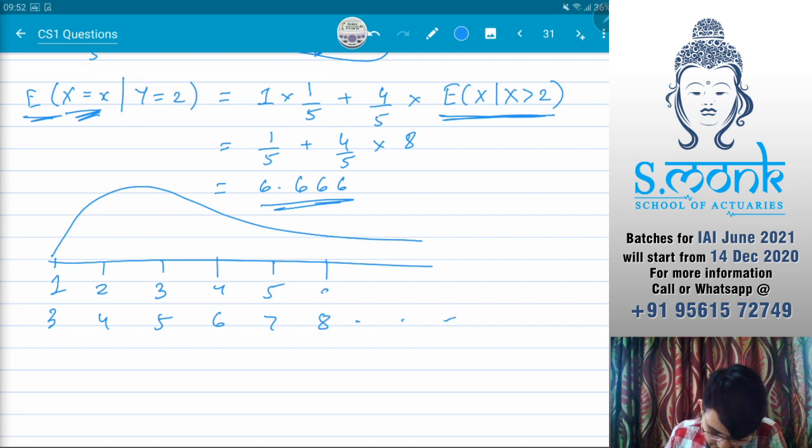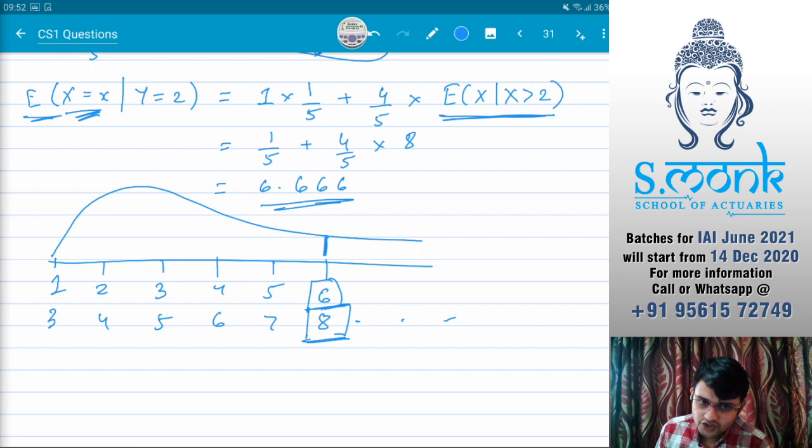Previously the expected value was 6, but now the expected value becomes 8 because it is just shifted. Because of the memoryless property, there is no change in the distribution, but it has just been shifted. We are ignoring the first two values. That's the point here, right? Memoryless property.